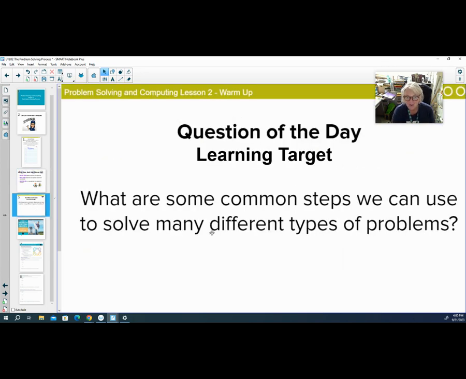Okay, now this is basically our learning target for today. We have all kinds of different problems that we work with, and we need to find a way to deal with them. We need to have a process that we can use to tackle them so we can solve them.